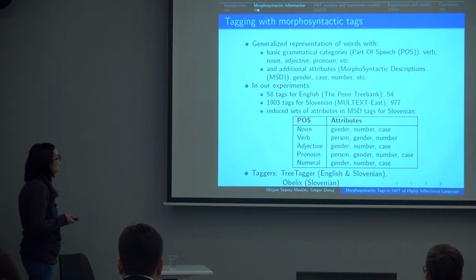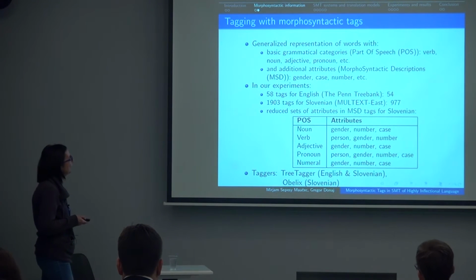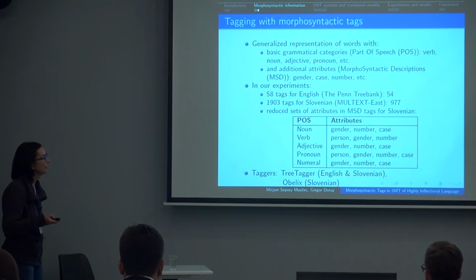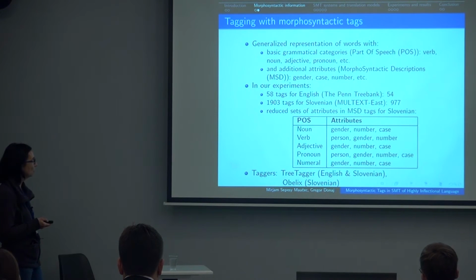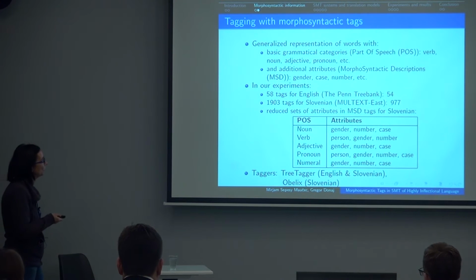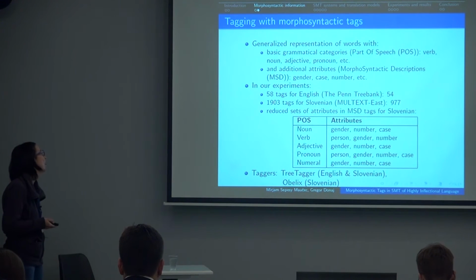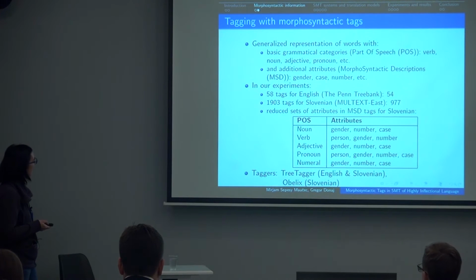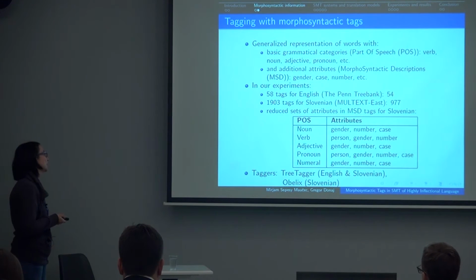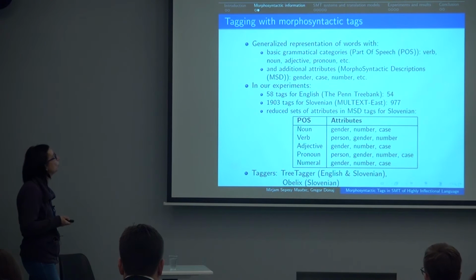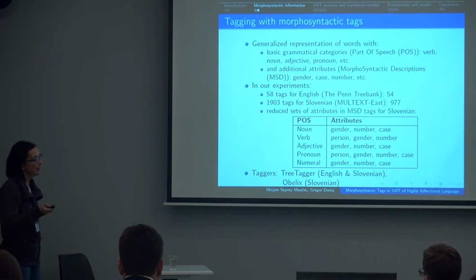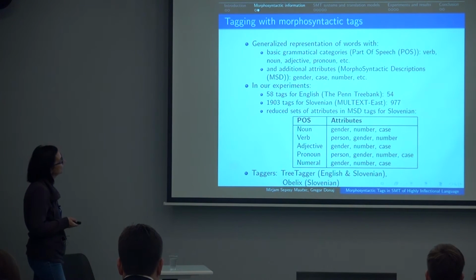So in our experiments, we use 58 different tags for English. It is an extended set from the Penn Treebank project, although in our training corpus only 54 different tags appear. And for Slovenian, 1,903 tags were defined in the scope of the Multext-East project. And similarly, in our training corpus, only a bit more than 900 tags appear.